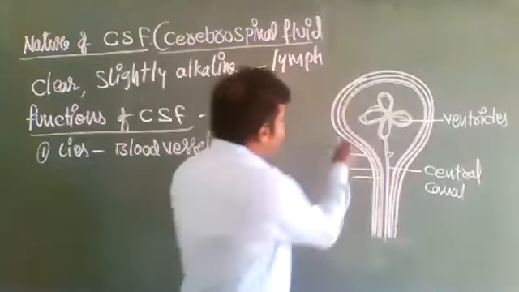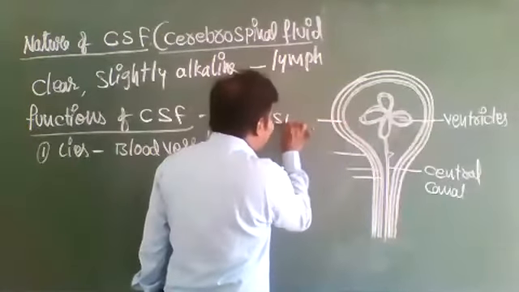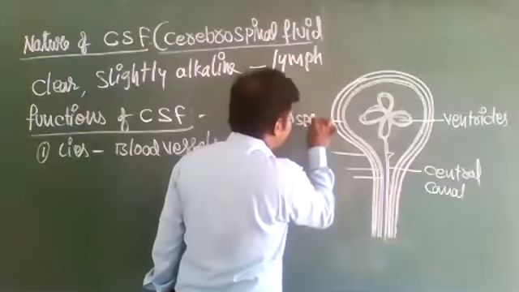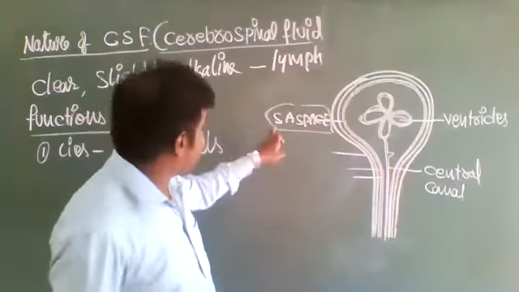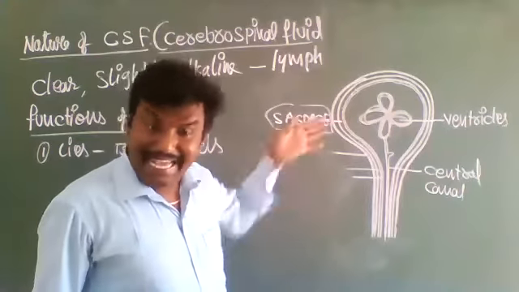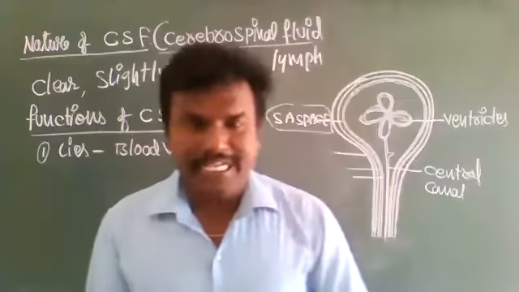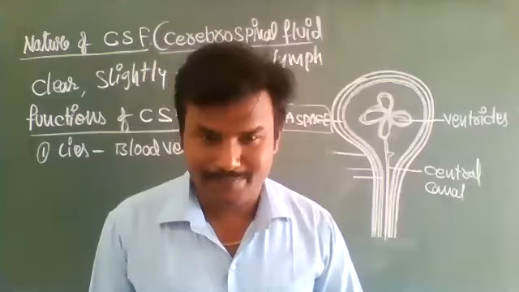Okay, so this is the subarachnoid space. It lies with a number of blood vessels. These blood vessels supply blood to the brain and the spinal cord.